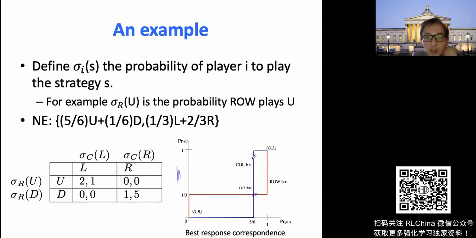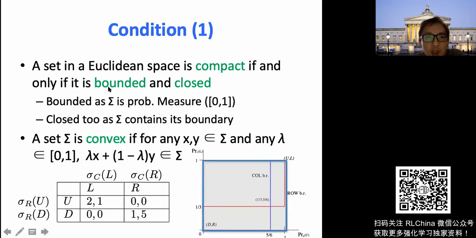So this is the best response curve, and also this set space, you can consider it as capital sigma, the space here. Then it's easy to see that this set is compact.